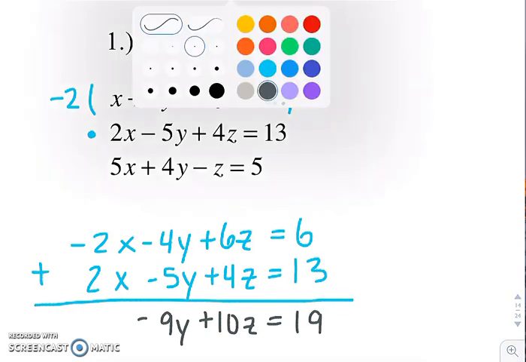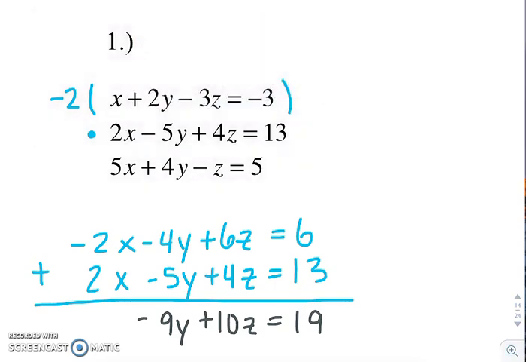So now we're going to go back up to our system of equations, and we can use this same equation if we want. We can use a different one, but we just have to use two of the three to eliminate the x again. So what I'm going to do is use this last equation and the first one again. So if this is 5x, I'm going to multiply this guy by negative 5.